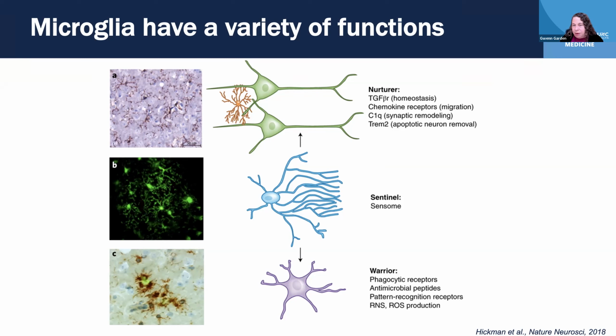One is that microglia have a very important role in maintaining homeostasis in the brain. As you can see, this particular review article called that the nurturer role for microglia. When microglia are in this nurturing state, they have important roles in maintaining extracellular matrix.